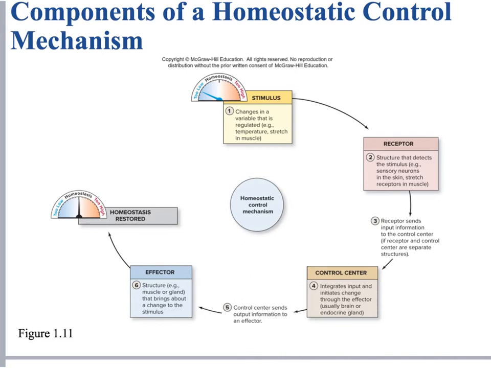It's interpreted, and then the response is produced, targets the effector, and then the effector brings about the change, and you bring homeostasis back to normal. Okay? Those are the mechanisms. Really, you could say three components: receptor, control center, effector, but stimulus and response are also important aspects that you should know. Okay?